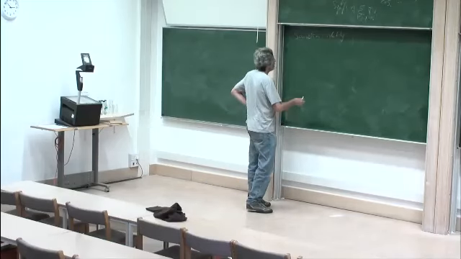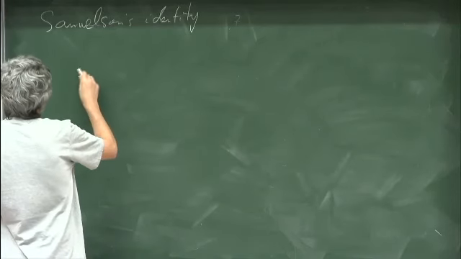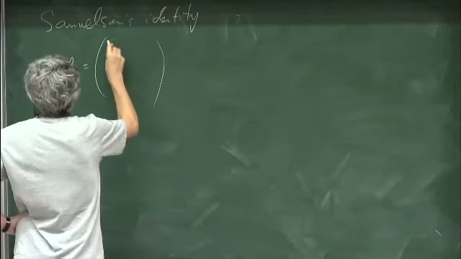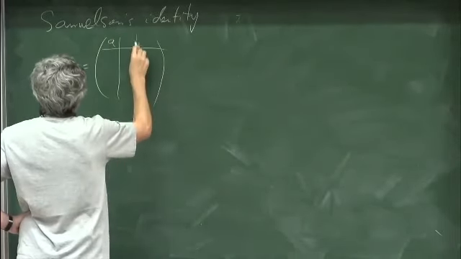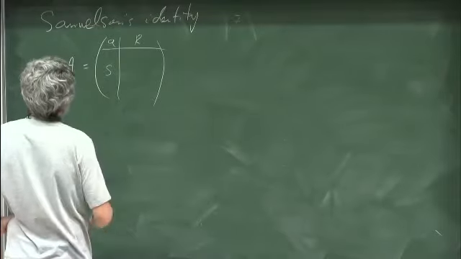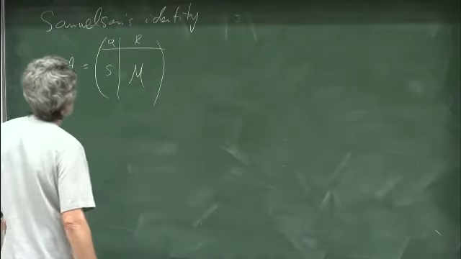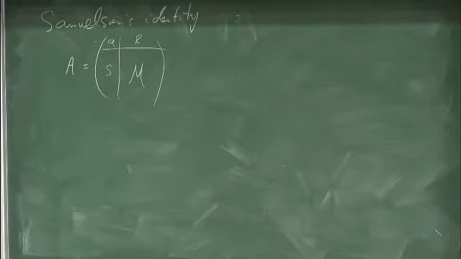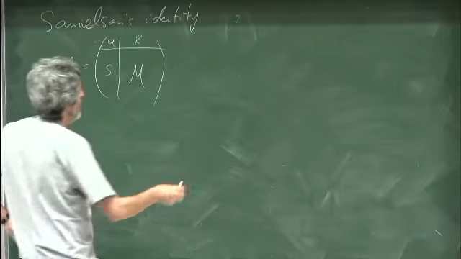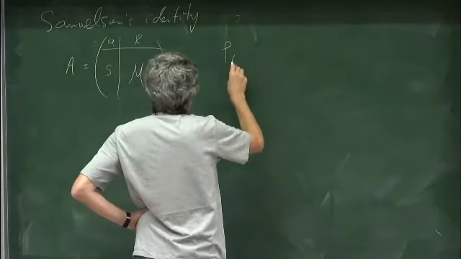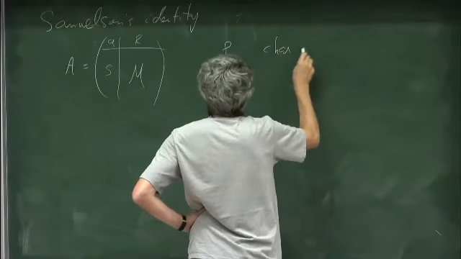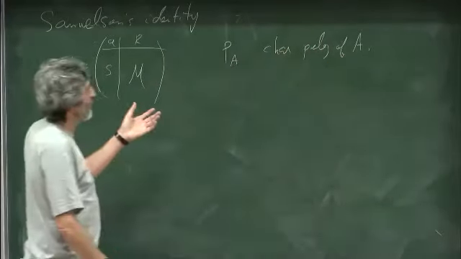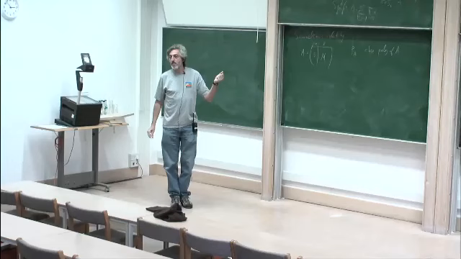If you have a matrix, let's say A, which looks like this, with A here, some row R here, some column S here, and some submatrix M here. This is just one by one. Let's say P sub A is the characteristic polynomial. You want to express it in terms of the characteristic polynomial for M.